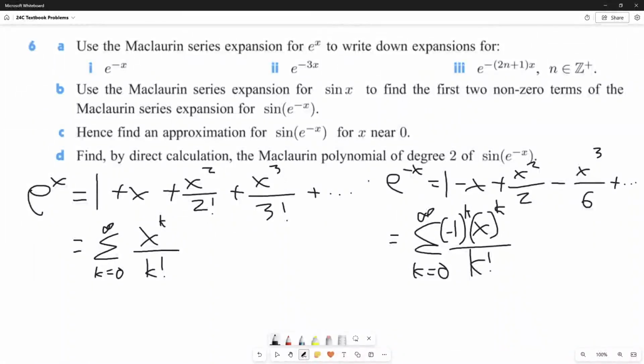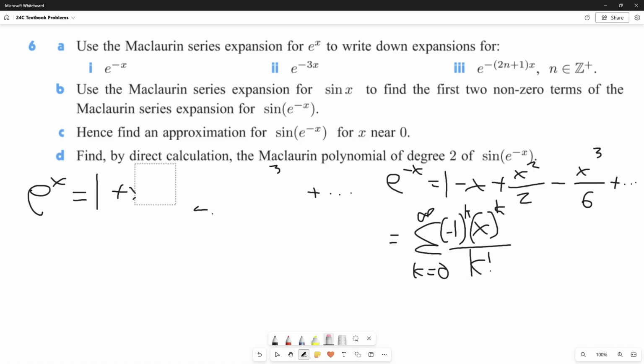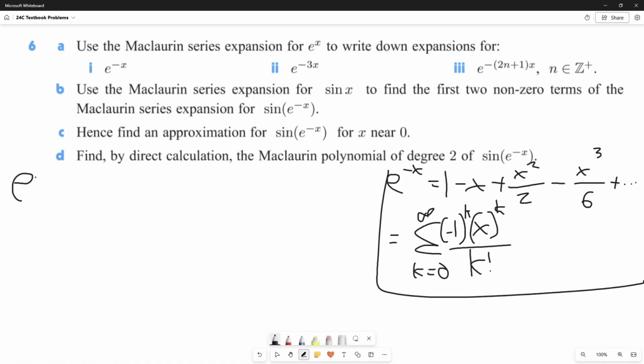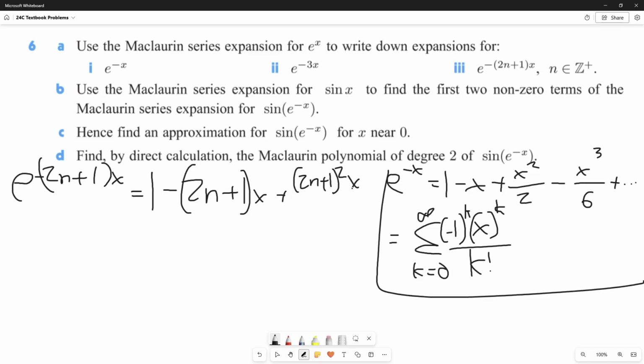Part 3 says e to the negative (2n plus 1)x, and again, we can use part 1 for this. I'll write it right here. So we have part 1 right here, and then e to the negative (2n plus 1)x is equal to 1 minus (2n plus 1)x plus (2n plus 1) squared x squared over 2 minus (2n plus 1) cubed x cubed over 6, and so on.